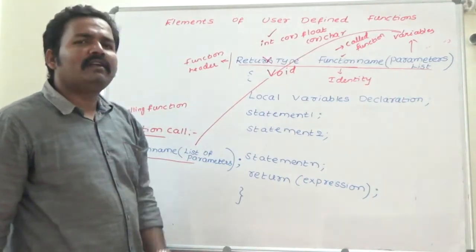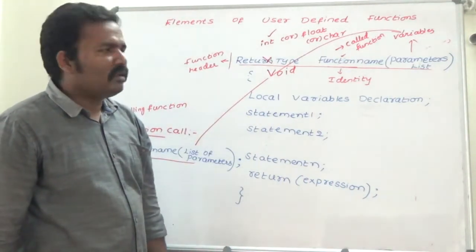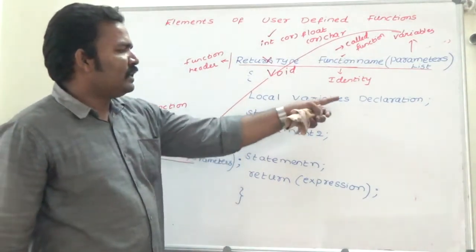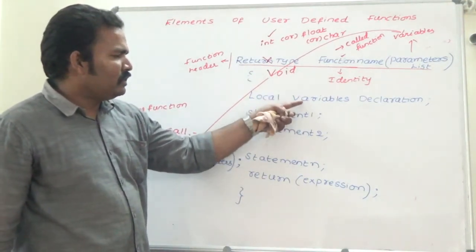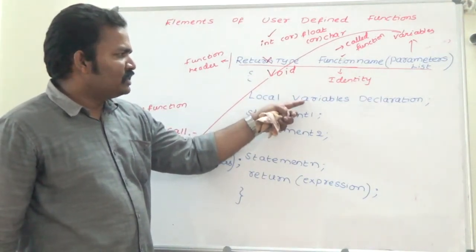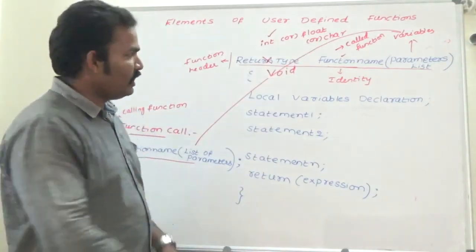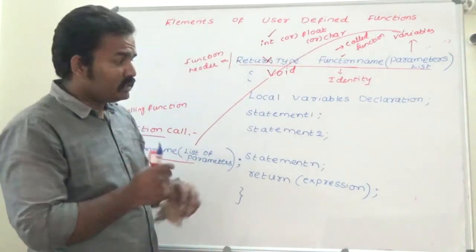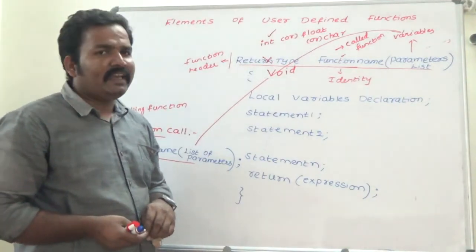The variables declared outside the function are called global variables. So these variables can be used within the function definition only.